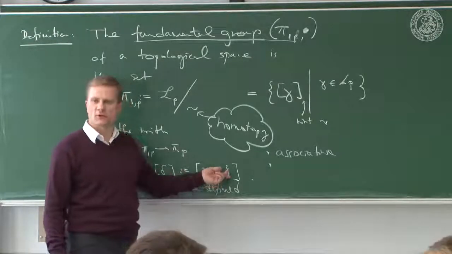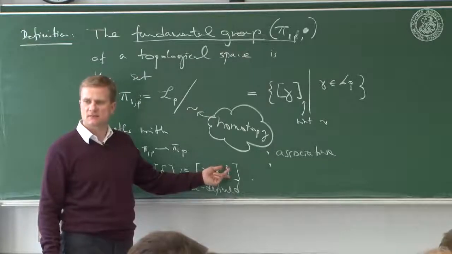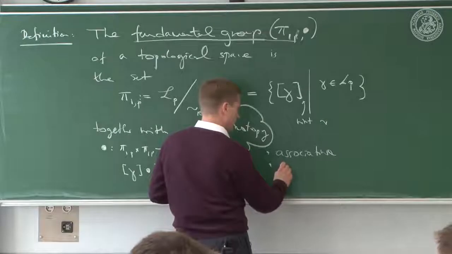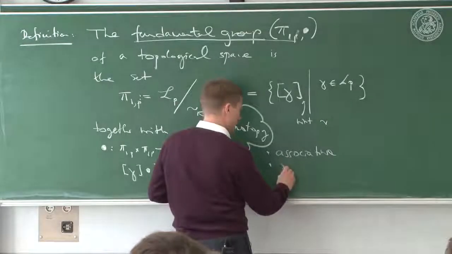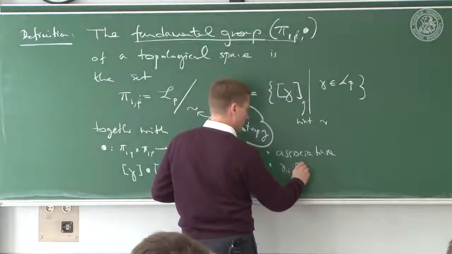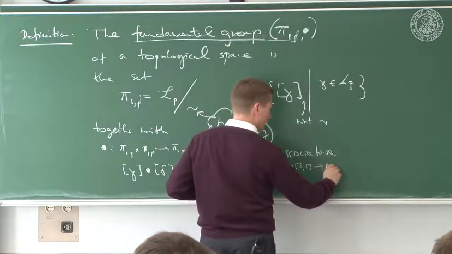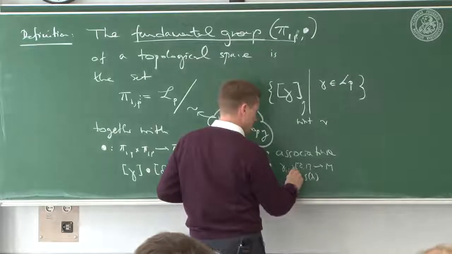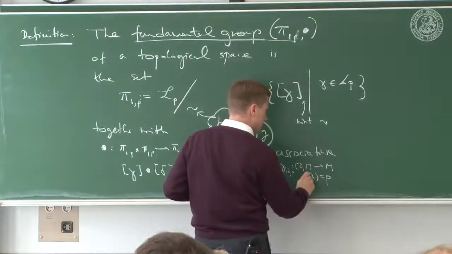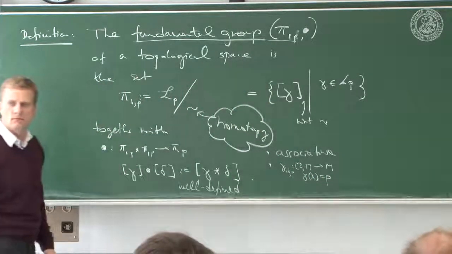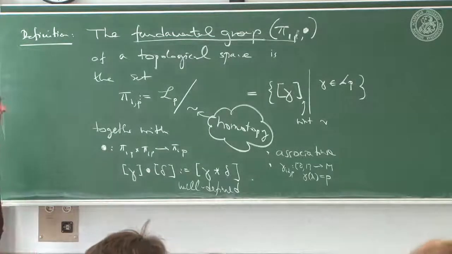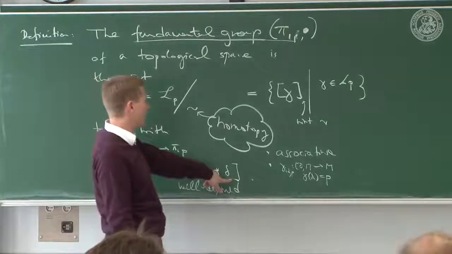Well, it's the constant curve that always stays where you started. So the identity curve gamma_id is the curve from [0,1] to M, where gamma of lambda is always the base point P. You can concatenate that with the other, and you get the same curve, at least under homotopy.